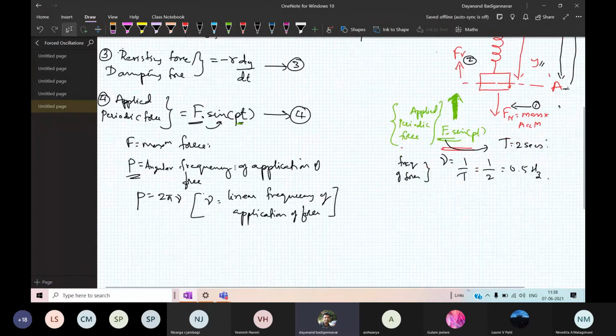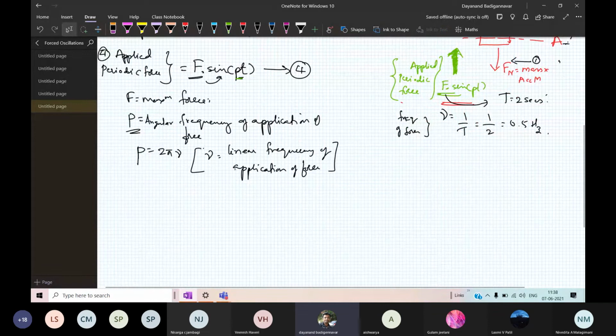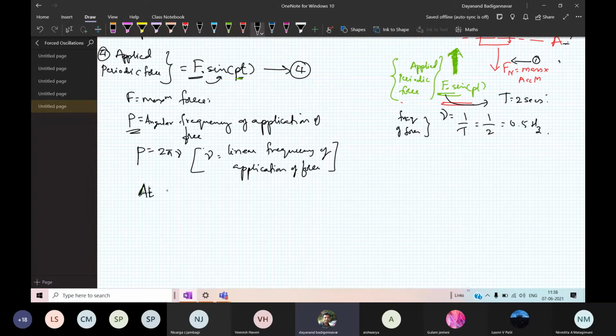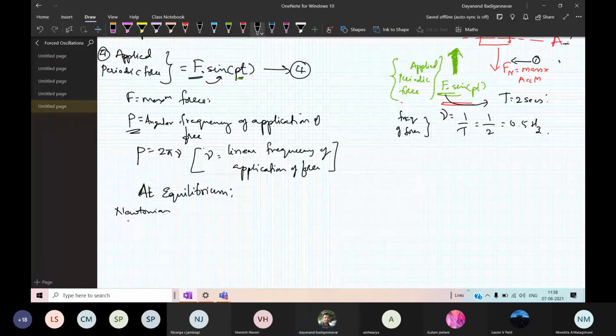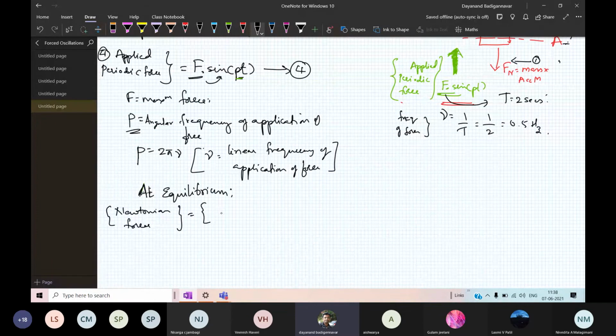Now you can equate them at equilibrium, very simple, as you have done in the previous case. At the equilibrium of a system, you can write the Newtonian force equal to the damping force.